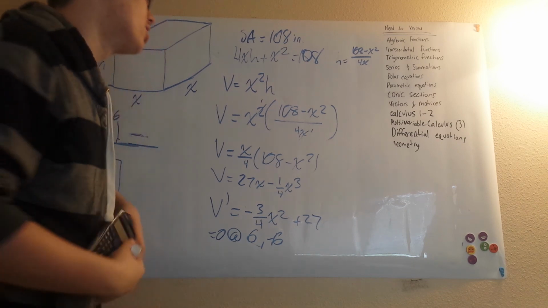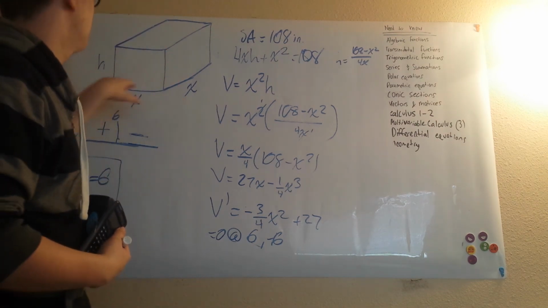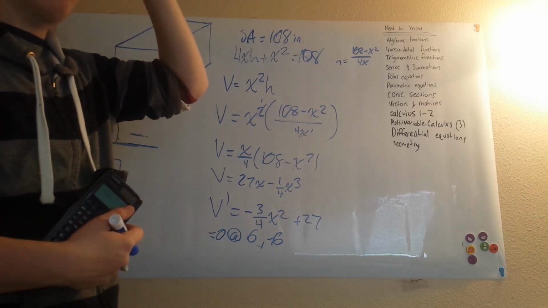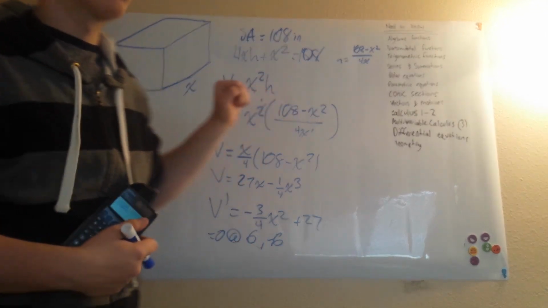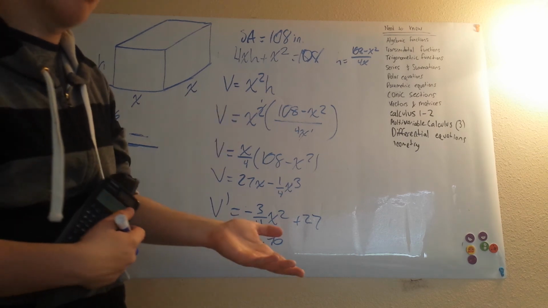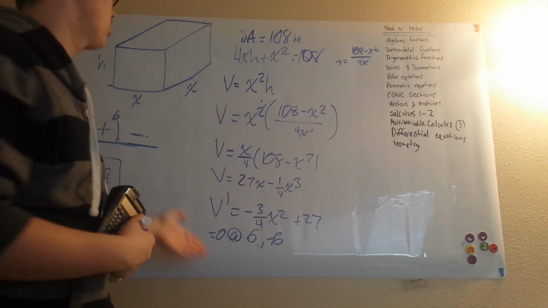So let's review. I have an open box with these dimensions, x and h, and I'm trying to find the maximum volume with this surface area. So we have to maximize the volume. How do we find a maximum? Well, we do the first derivative test, right?